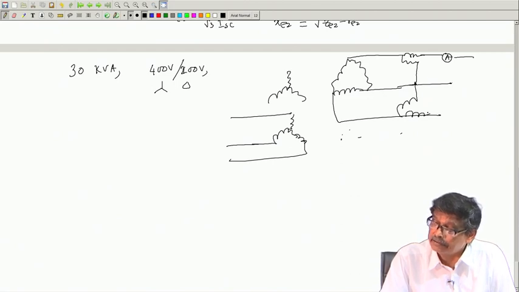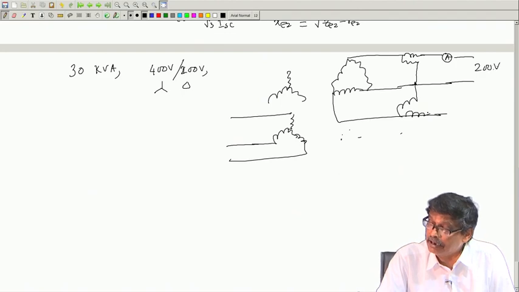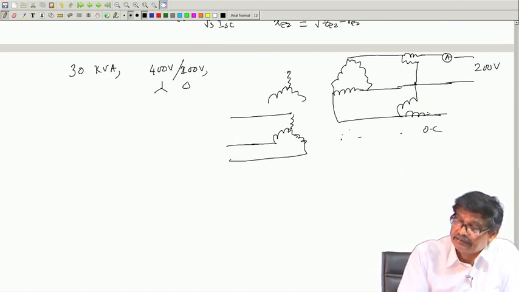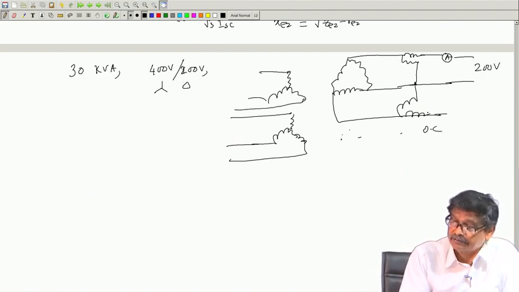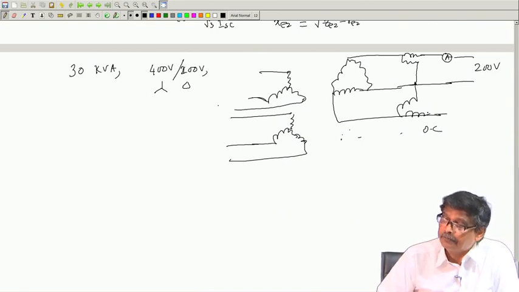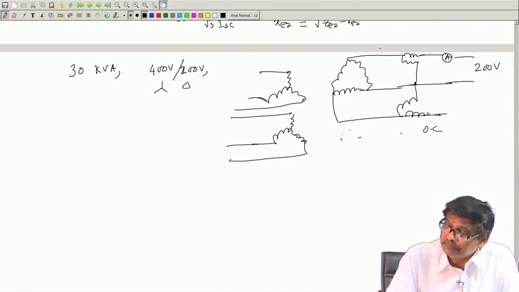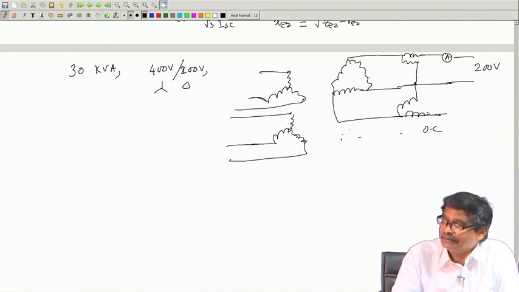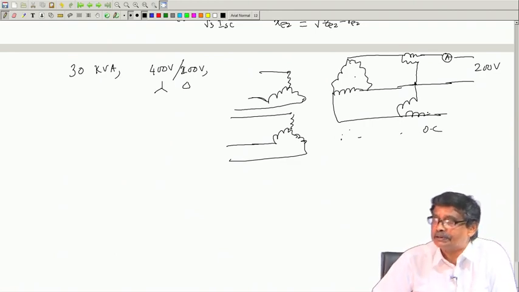Ammeter you connect, rated voltage you apply, 200 volt, while doing the open circuit test. This side is open, who bothers? That is fine. But what I am telling is, you can always imagine this to be star connected while calculating the parameters and live with them.